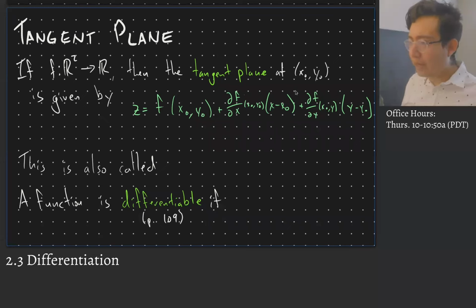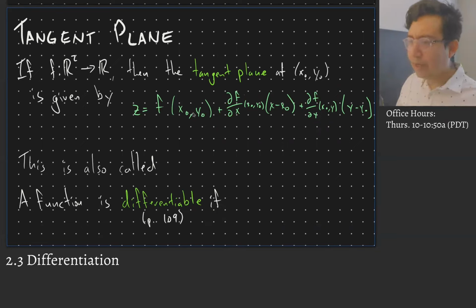That's what we get here. You can rearrange this and see why exactly this is the equation for the tangent plane, and this is an equation for a plane as you'd normally expect it to be.